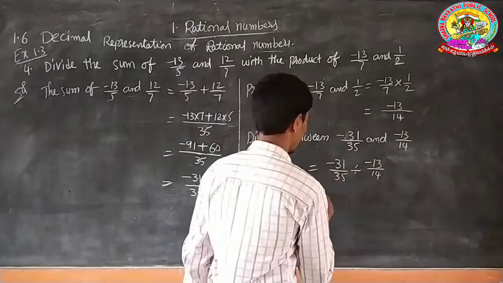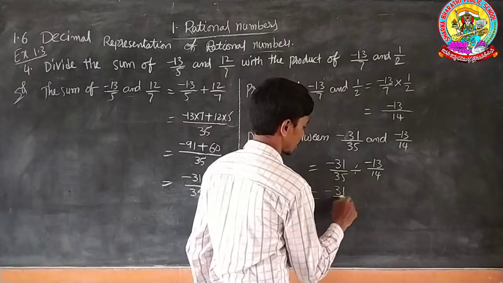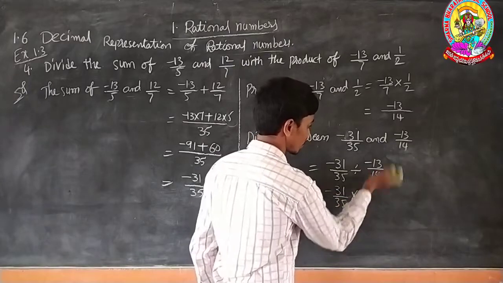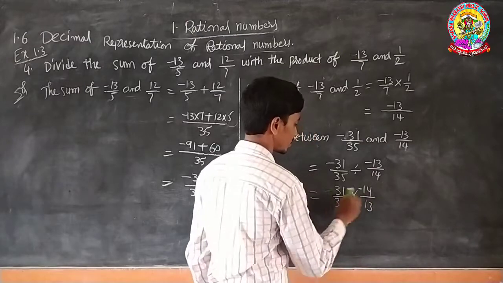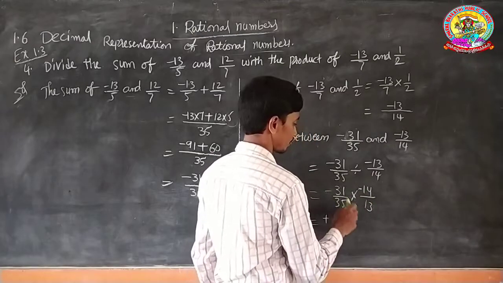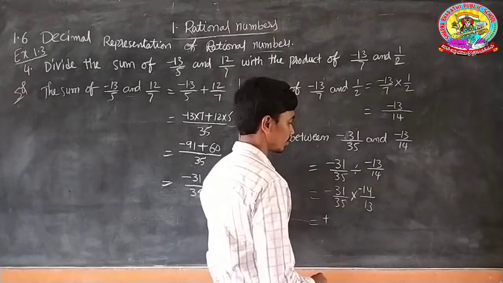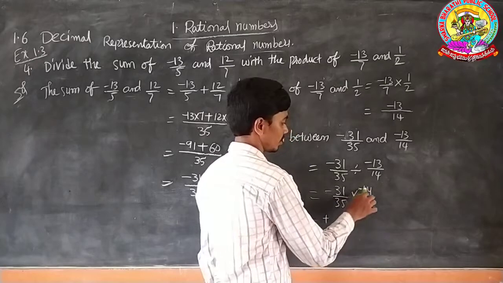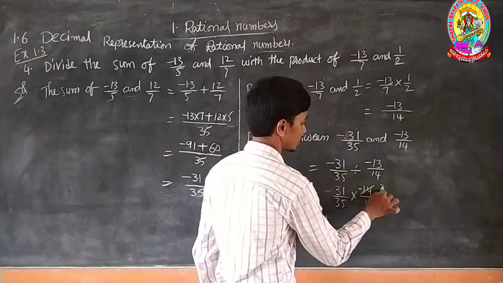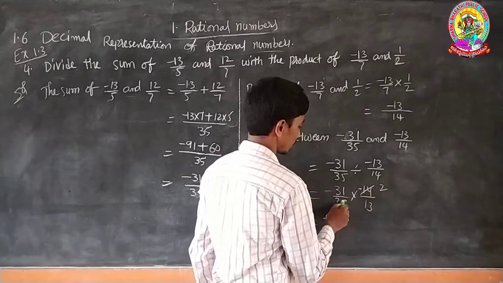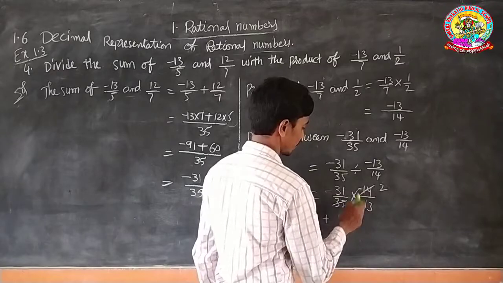So minus 31 by 35 into the reverse, 14 by 13, minus 14 by 13; minus and minus becomes plus. Is there any common table to cancel? In both, the 7 table: in 14 the 7 table cancels 2 times, in 35 the 7 table cancels 5 times.